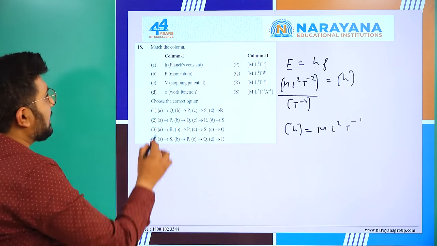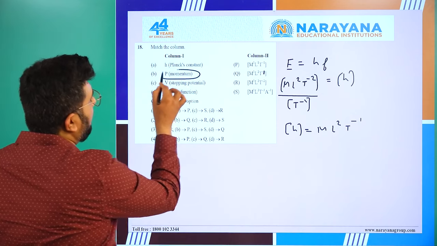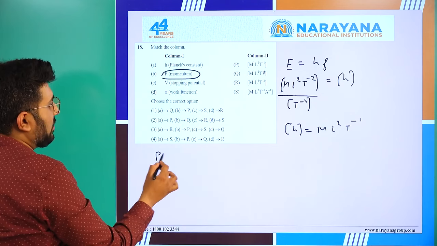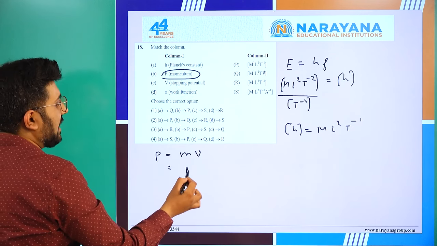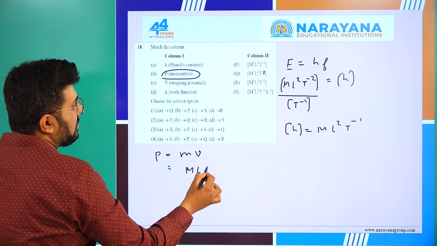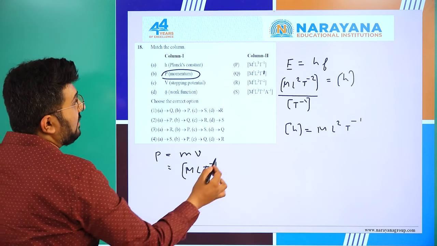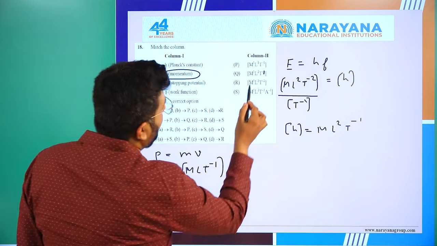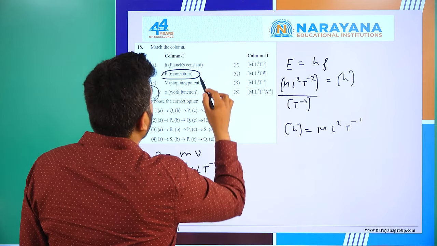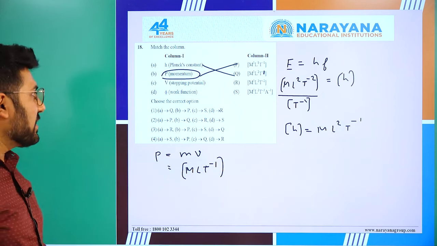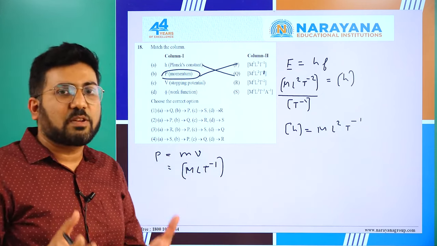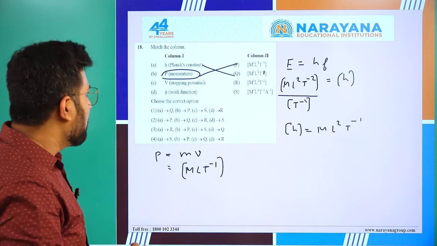Okay. Then the second one is momentum. Momentum we know is mass into velocity. So, the mass dimension M, velocity dimension L T minus 1. So, I can say it is M1 L1 T minus 1. So, this one, this one. Then the next one is the stopping potential. The dimension of stopping potential will be same as the dimension of potential.